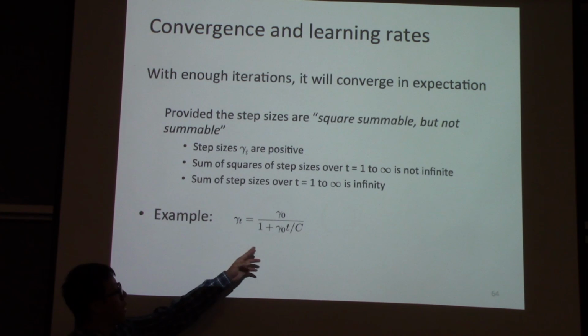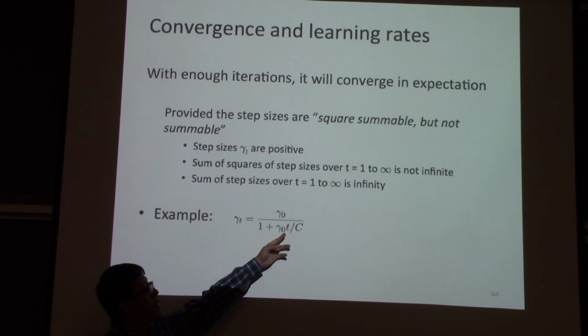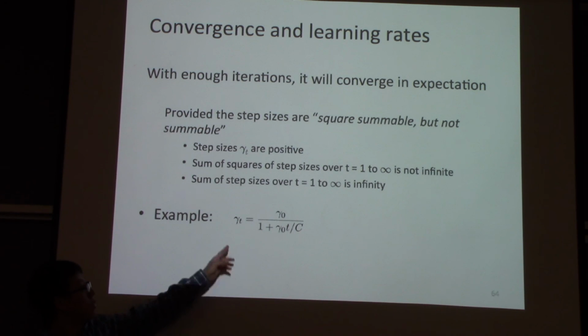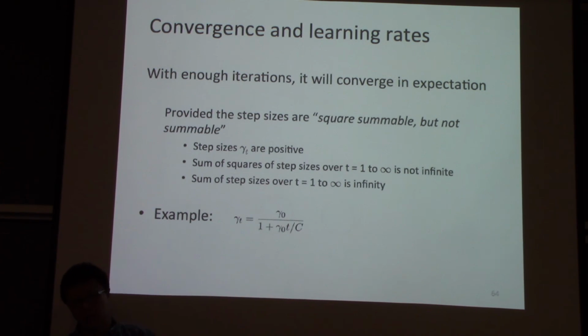So as you can see, as t increases, the whole gamma t will decrease, right? The t is in the denominator. And if you sum this thing from t equals 1 to infinity, this will diverge. It will go to infinity. But if you sum the gamma t squared, it will converge.